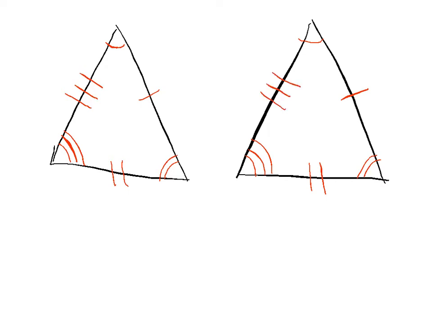So if we wanted to prove that two triangles were congruent, we could show all 6 of these things were congruent between the triangles. However, that's a lot of work, and there are some shortcuts that we can take.